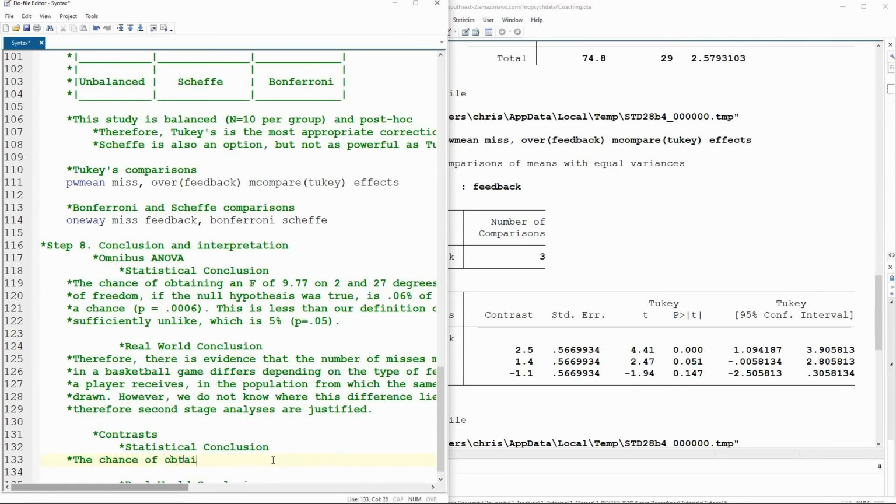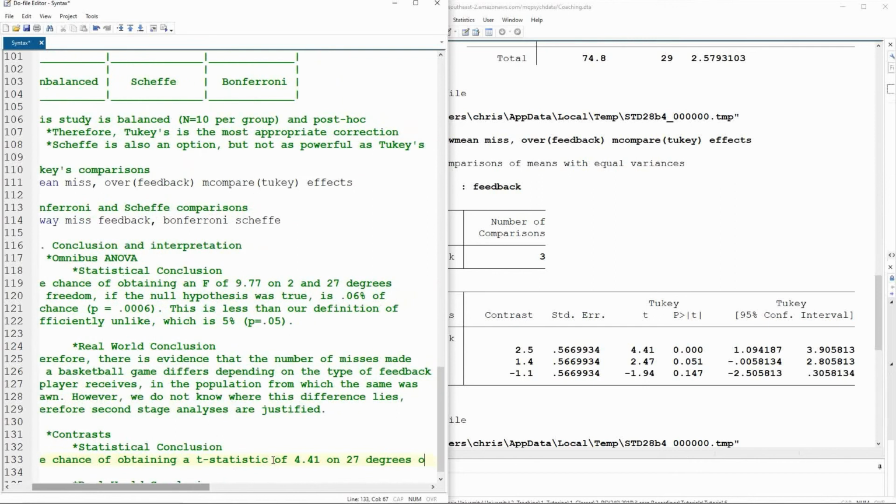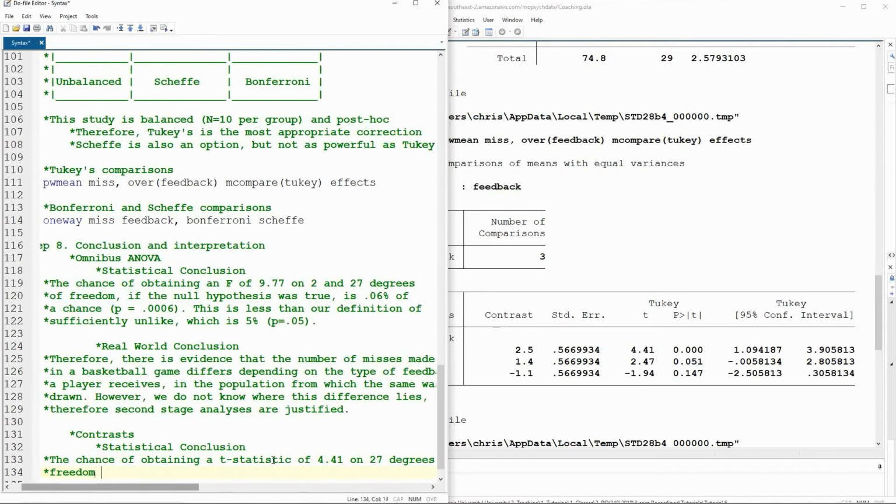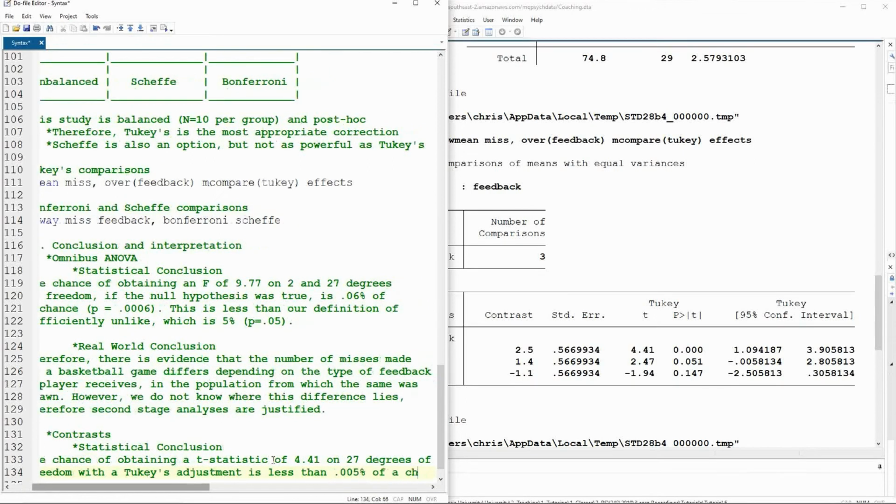The chance of obtaining a t statistic of 4.41 on 27 degrees of freedom with the Tukey's adjustment is less than 0.005% of a chance.